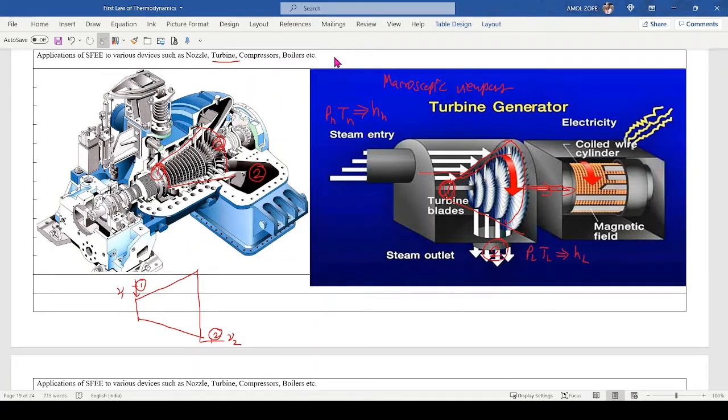Steady flow energy equation for the turbine, I can write in an elaborated form: h1 plus v1 square by 2 plus gz1 plus q is equal to w plus h2 plus v2 square by 2 plus gz2.